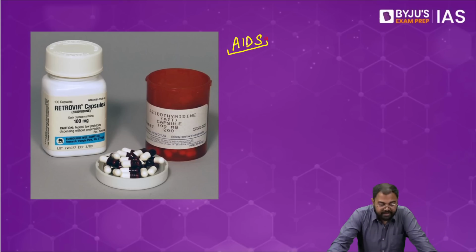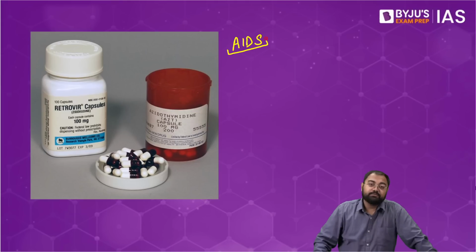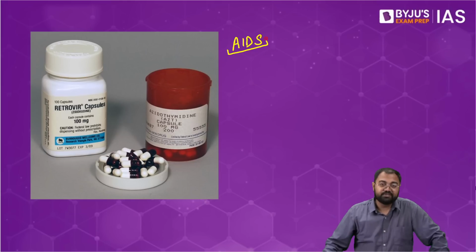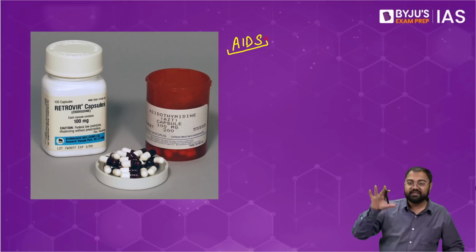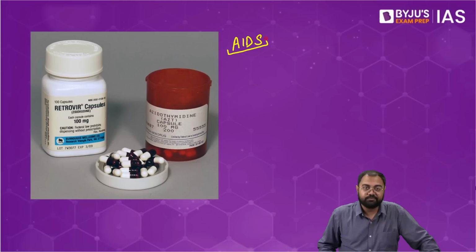In case of AIDS, we know that AIDS is not curable, correct? But there are certain drugs that can delay the death due to AIDS, which can at least let people live with AIDS for a significant amount of time.